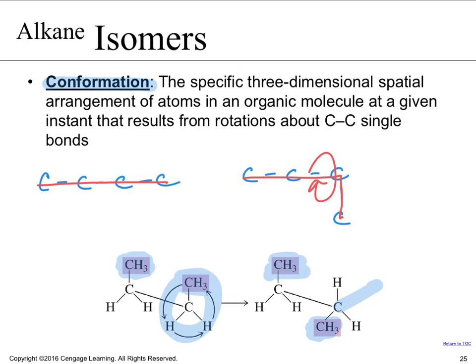Right? These rotations are not isomers. Instead, we would call those conformers. So when you're looking at these, you need to really say, do I have true isomers where carbon bonds are being broken and moved around, or do I just have conformers where we're just rotating around single bonds?